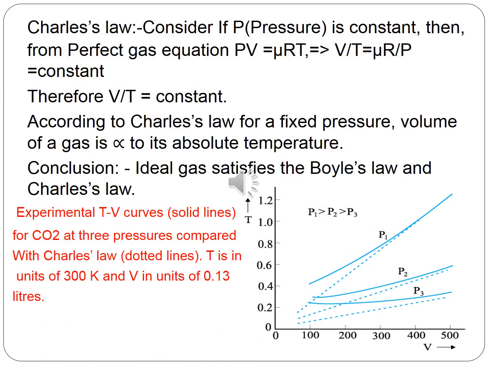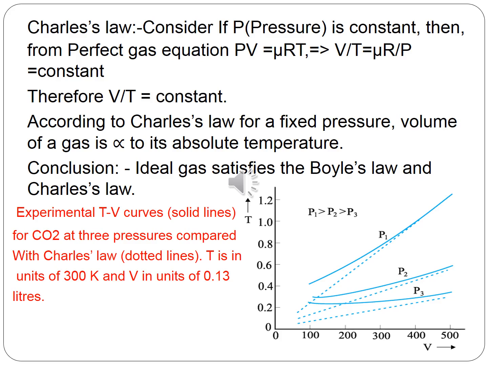Similarly, let us derive Charles' law from the ideal gas equation. You know Charles' law. According to Charles' law, at a fixed or constant pressure, the volume of a given mass of gas is directly proportional to its absolute temperature. Consider that pressure P is constant.